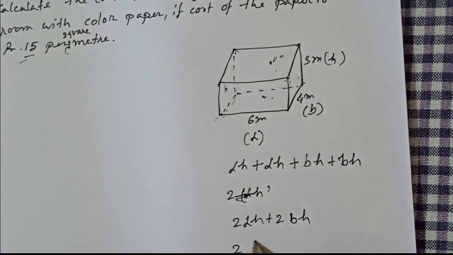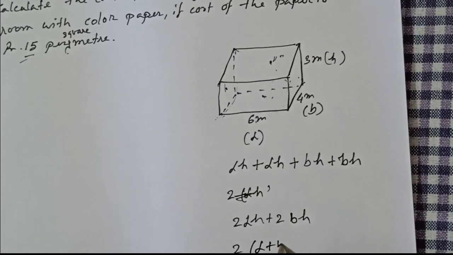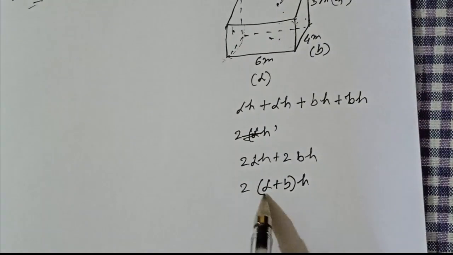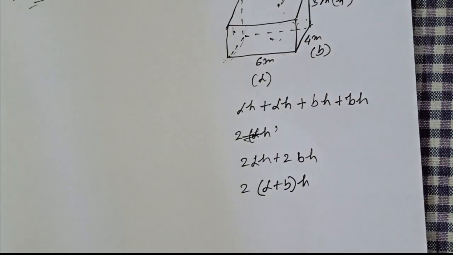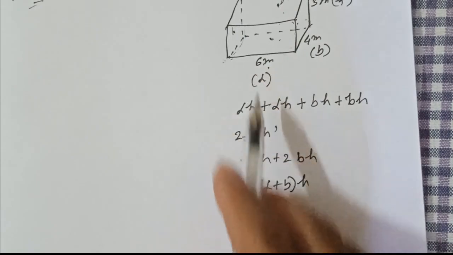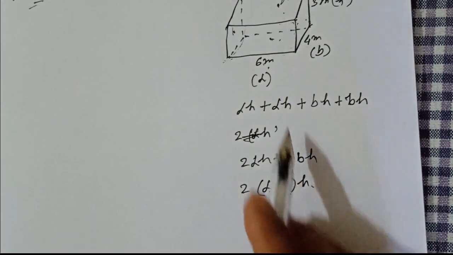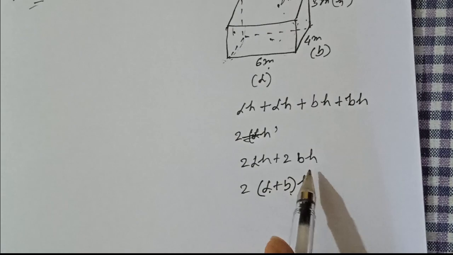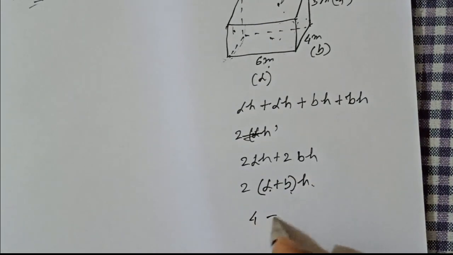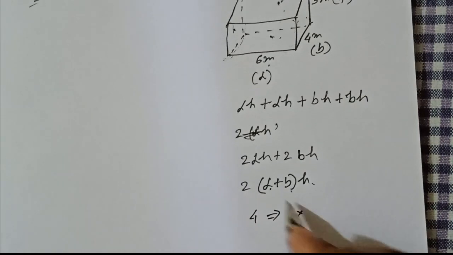We have 2 times (length plus breadth) into height. So when we substitute the values of length, breadth and height, we get the total surface area of the four walls, which is 2 into (L plus B) into H.